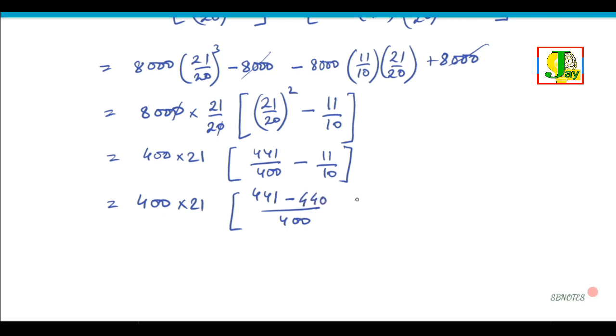Right. So we get 400, we can cancel. 21 into 1, so that's rupees 21. So we get the difference as rupees 21.